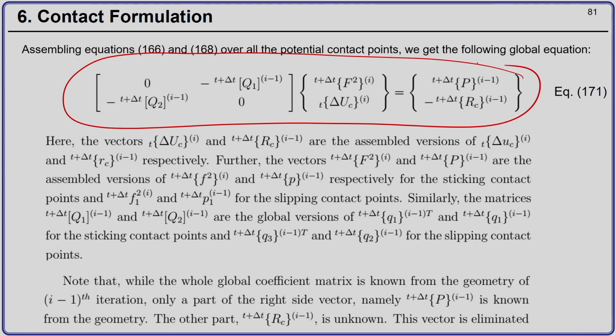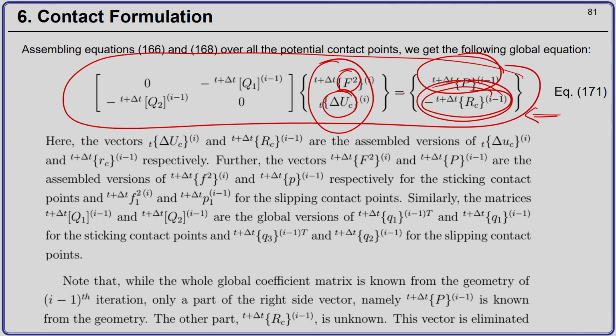Okay. And here you notice that we do not know part of the right hand side vector, and also obviously the contact displacement and the contact reactions are not known. Also we just know P from the geometric consideration. Okay. So, what we do is we add this equation with the equation that we get from the Newton-Raphson iteration to eliminate the reactions corresponding to the contact node.